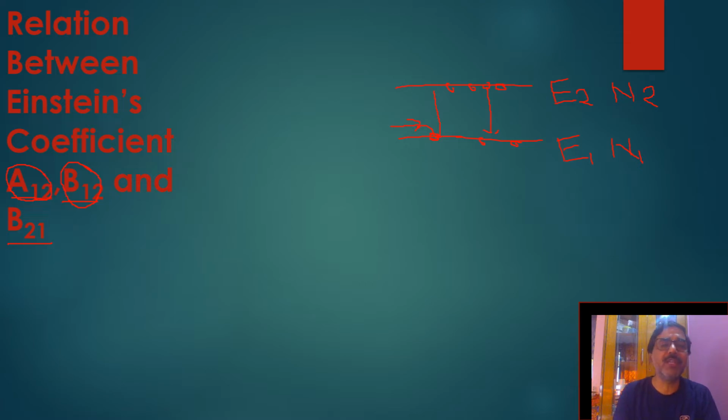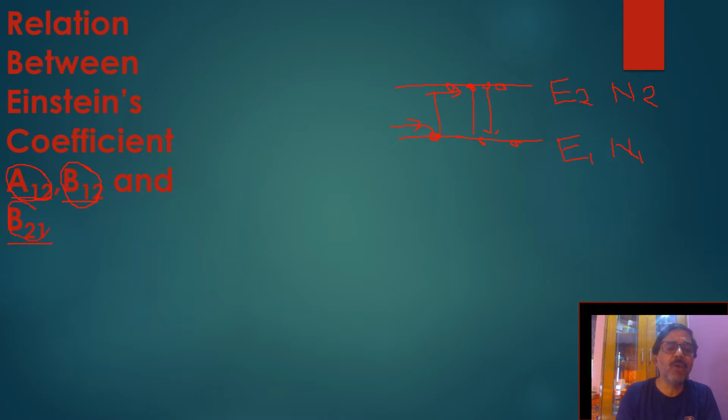And the third coefficient: if we radiate the atom in the excited state with photonic energy, it comes back to the ground energy state, and that coefficient we called B21.